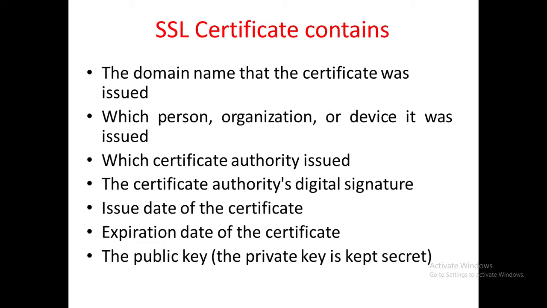That SSL certificate contains the person or organization to which the certificate is issued, and which agency has issued it, that authority information, the issue date, the expiry date, as well as the public key, and the private key, which we know is secret. The public key is there at the time of information exchange, and it is decrypted by using the private key. So this is the information our SSL certificate contains.